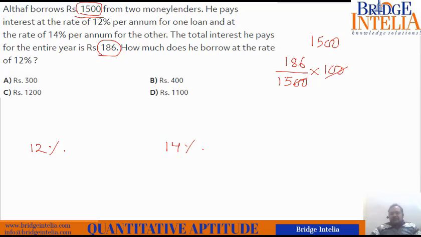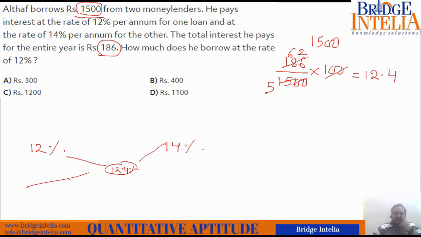Both these are cancelable by 3. So 62 by 5, this basically comes out to be 12.4. So the effective rate of interest came out to be 12.4%. Now you can simply take the ratio. 12 is how much away from 12.4?